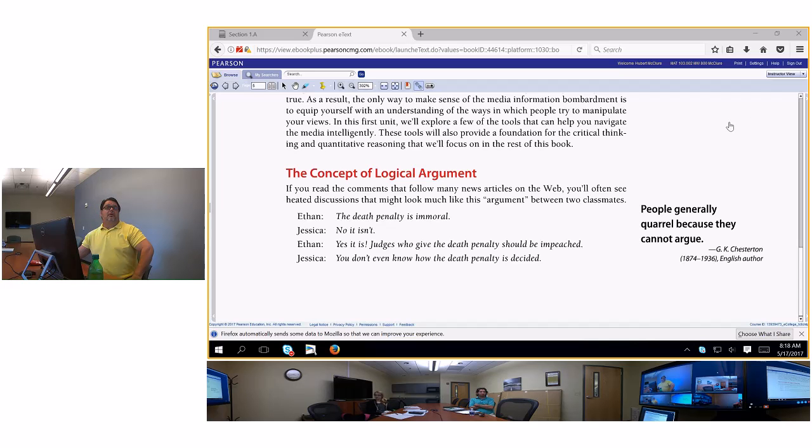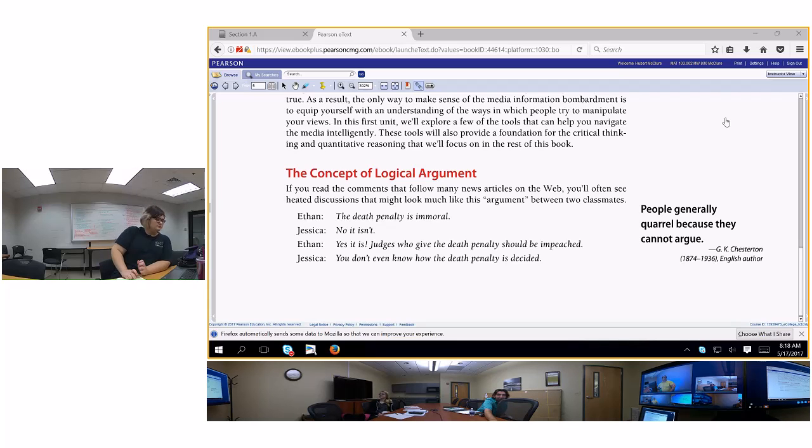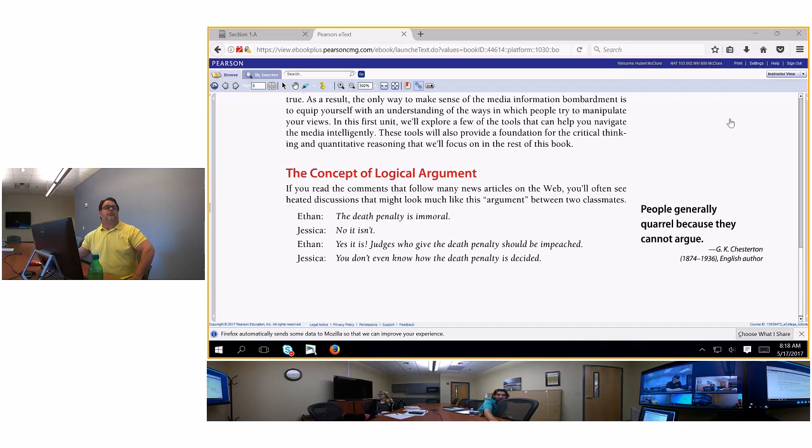How do I do that? Where's the mouse? Just maximize it, just like a regular window. Oh, yeah, there you go.